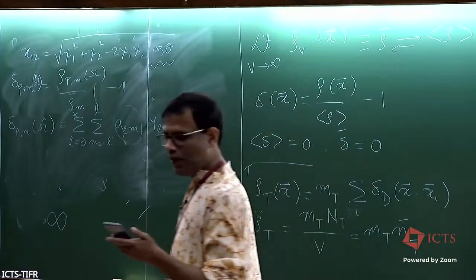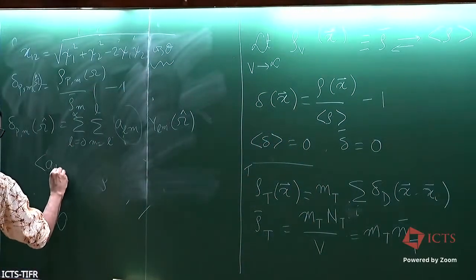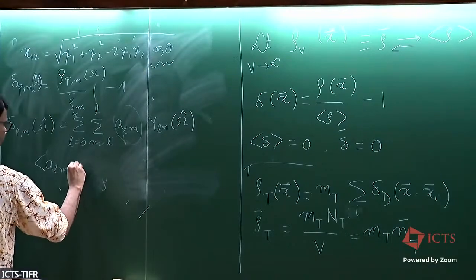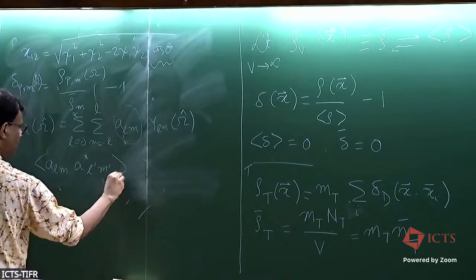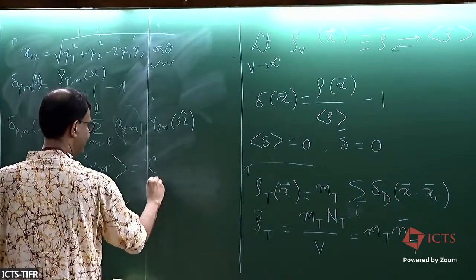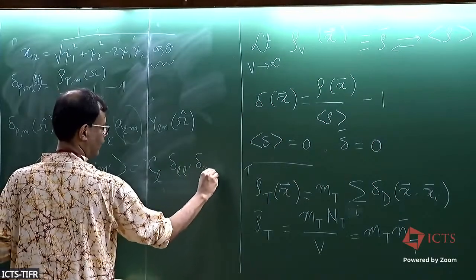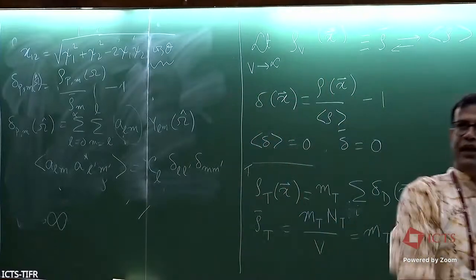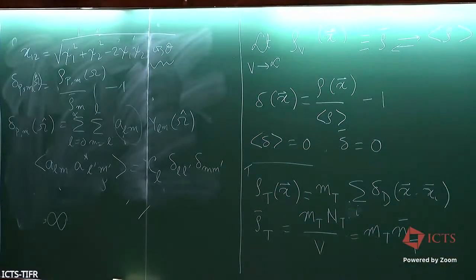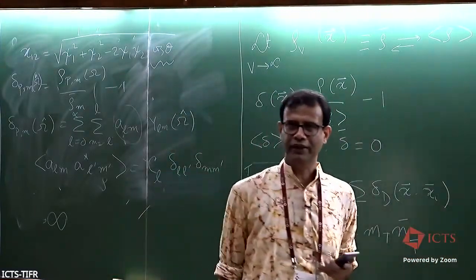And the corresponding power spectrum is defined, again in a very similar way, as the ensemble average of a_lm a star l prime m prime is C_l delta l l prime delta m m prime. So if you are doing something like an all sky survey, this is what you will use. This C_l is the angular power spectrum.